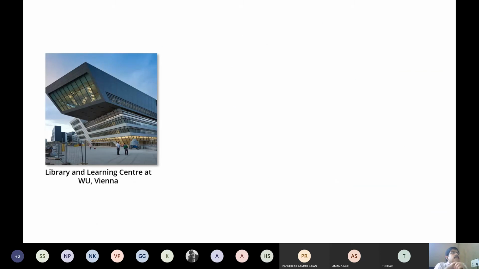How many of you like this building? Seen for the first time, even I saw it for the first time yesterday.